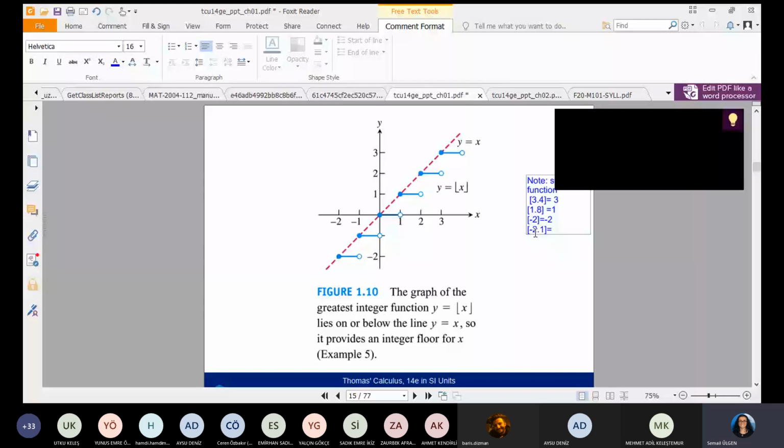Is it -2 or -3 or -1? Anybody can say? -3. -3, yeah. It's the smaller one.